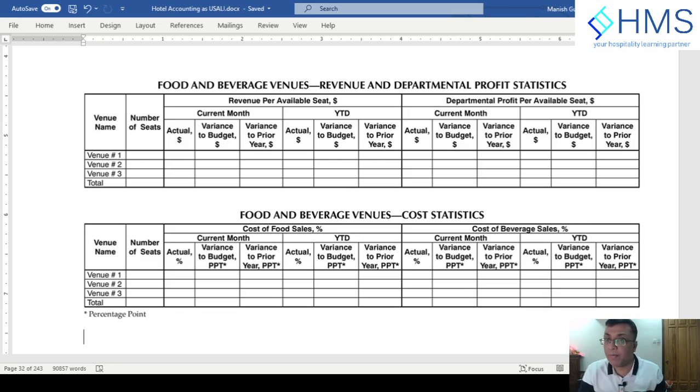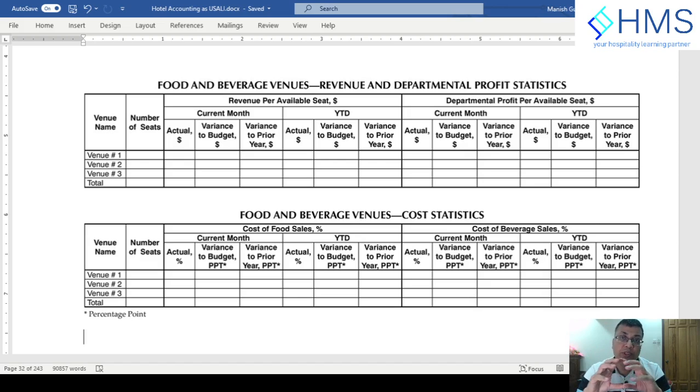How do you get the departmental profit? We have looked at all the line items in the F&B department by looking at the overall. Normally, as I used to tell in the previous videos, hotels make a separate departmental profit and loss statement for each department, each venue separately, by looking at the profit and loss for food revenue, beverage revenue, the labor cost, and for their individual department.